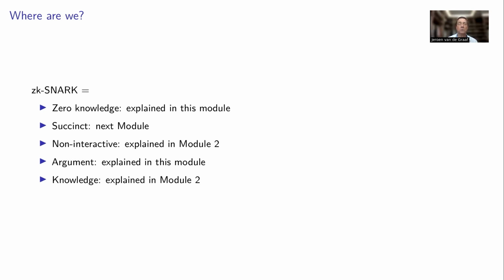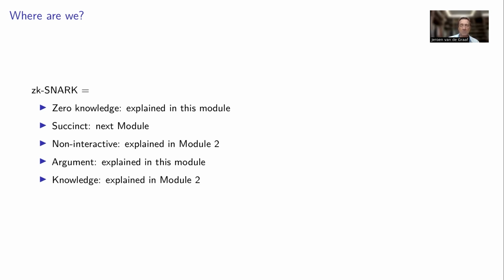So succinctness is an important aspect in this whole context, and this is what we're going to address in the next module. The non-interactive part, the N, I've explained exhaustively in module 2, and I mentioned it briefly in this module. The argument, it's the A and the R actually.